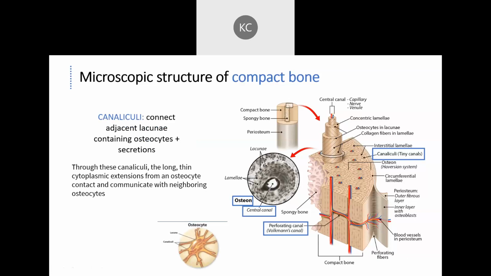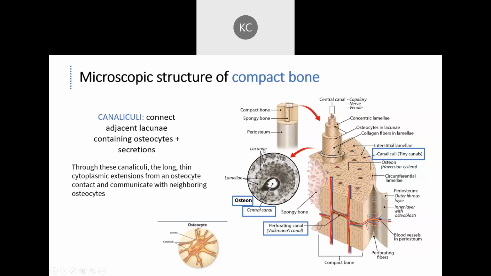After it becomes trapped, it changes its name to an osteocyte. We can see the osteocytes embedded in these osteons, represented by these small little black dots that we see everywhere. The black dots represent lacunae, and we said the lacuna is the space in which the osteocyte resides. So that's the lacunae.